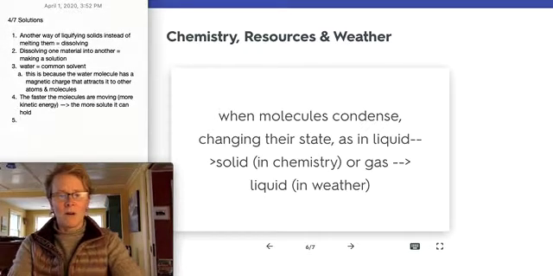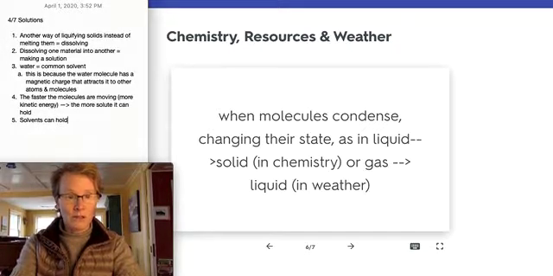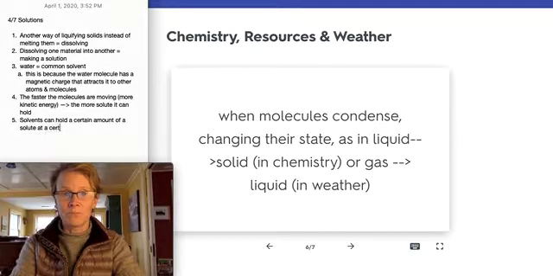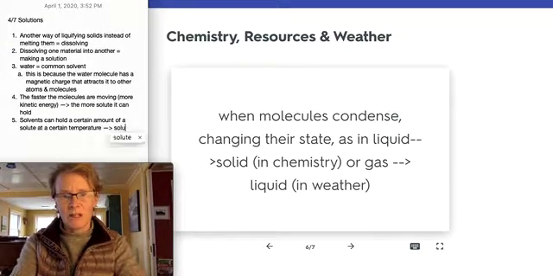So solvents can hold a certain amount of a solute at a certain temperature, and that is what we call its solubility.